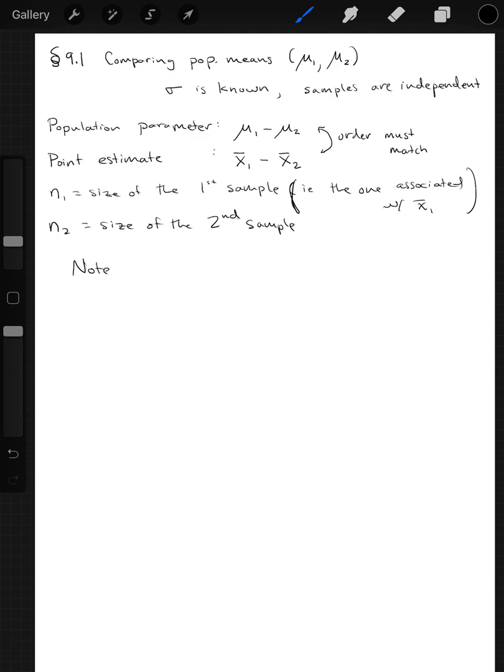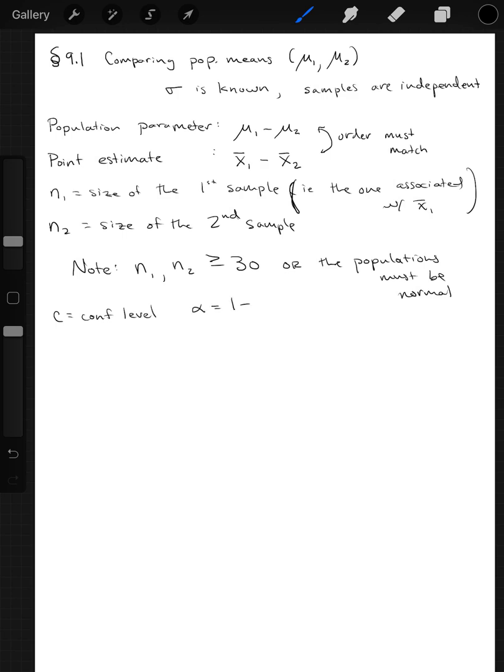And we want to note that for these types of problems, we want N1 and N2 to be greater than or equal to 30, or the populations must be normal. Same as we had for section 8.1, except both sample sizes must be at least 30 or both populations must be normal. And in that case, we're still going to have C equals the confidence level.